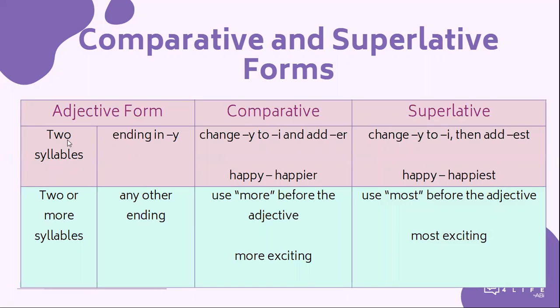When we have two syllables and the ending is with letter Y, in the comparative form, we need to change the Y into I. And then we are going to add ER. For example, happy, we need to change the Y into I. And finally, we add ER.